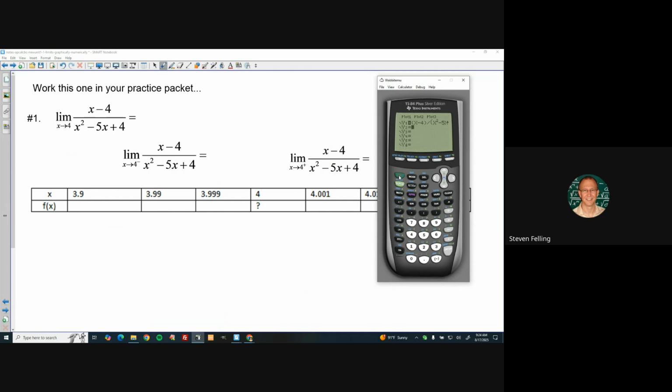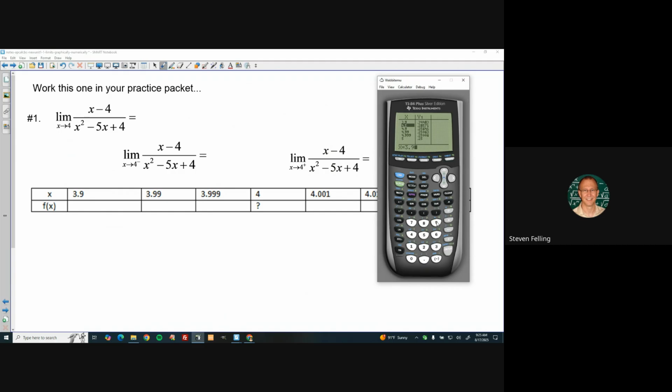All right, and then I'm going to go to my table. I'm going to go up here and enter 3.9, 3.99.